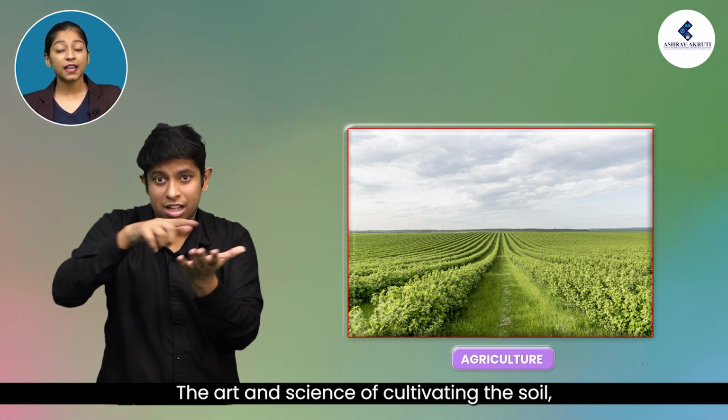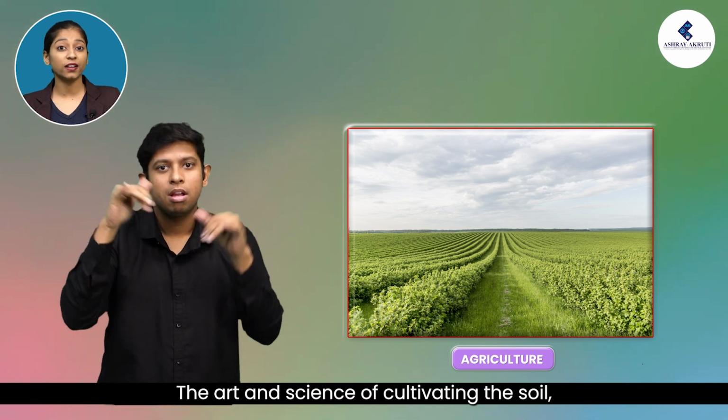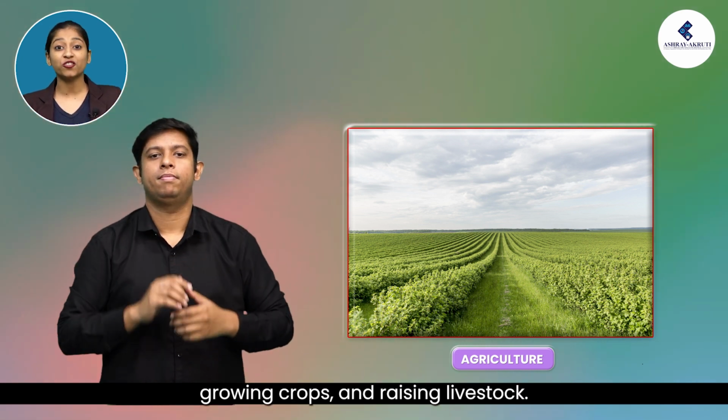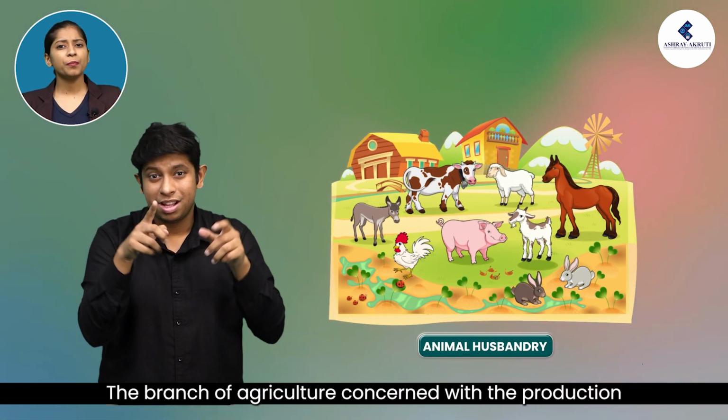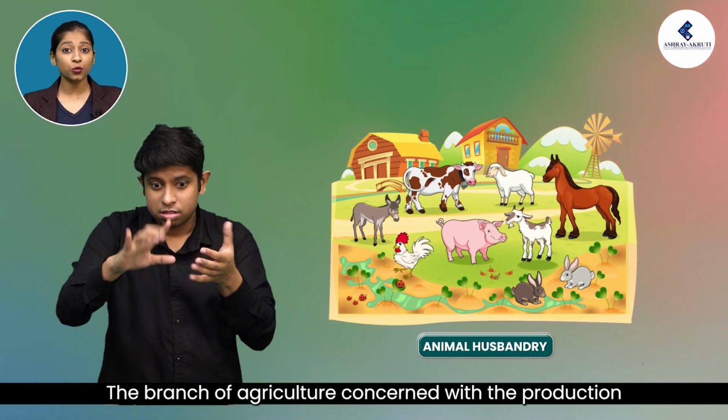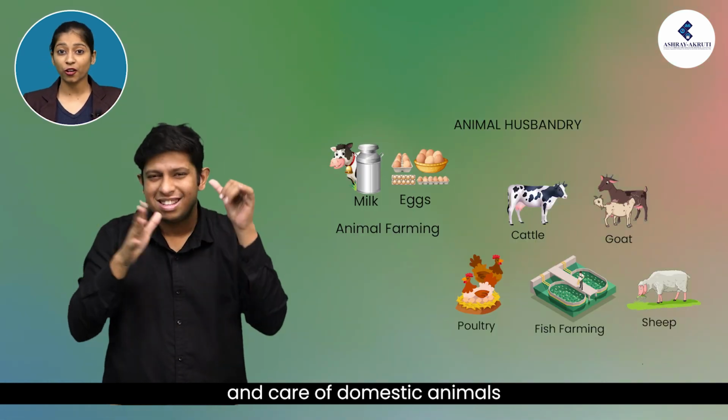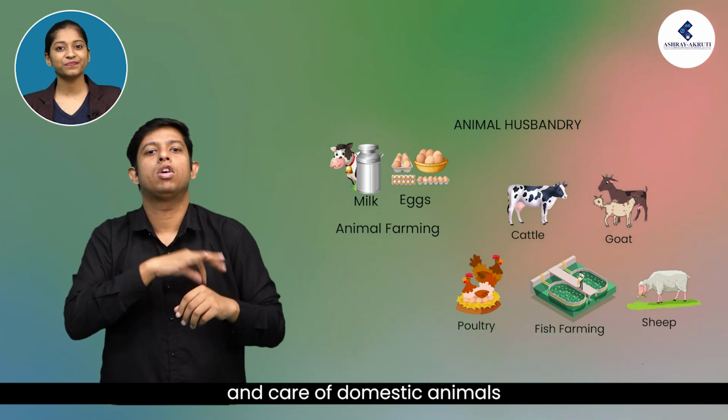Keywords: agriculture, the art and science of cultivating the soil, growing crops and raising livestock. Animal husbandry, the branch of agriculture concerned with the production and care of domestic animals.